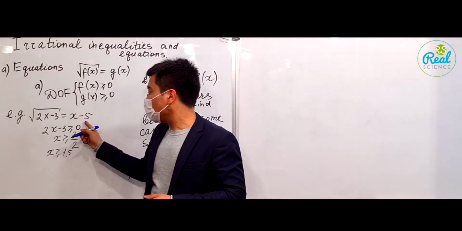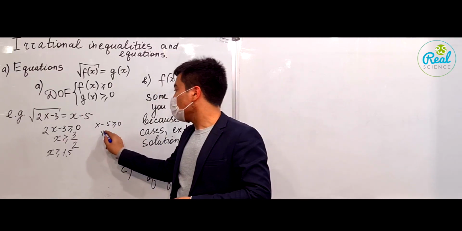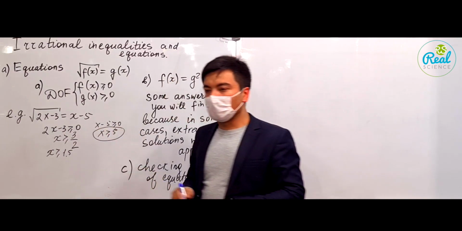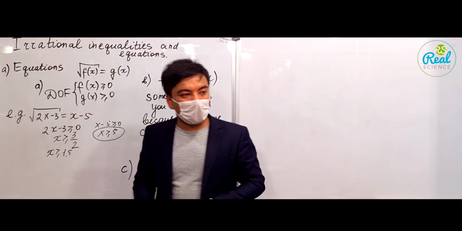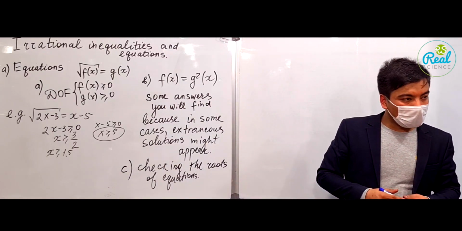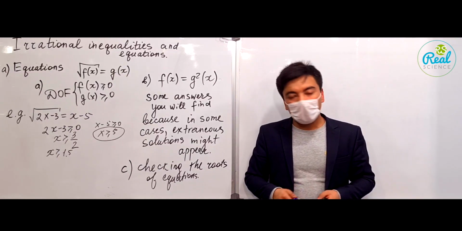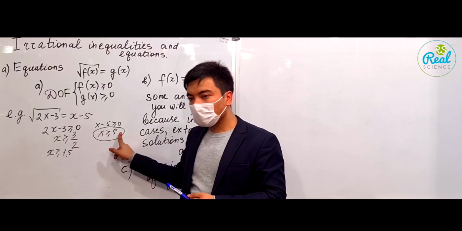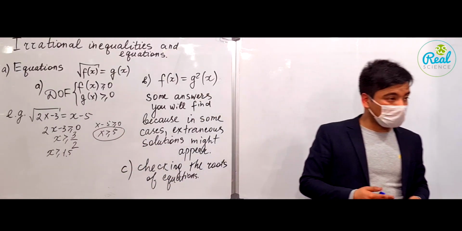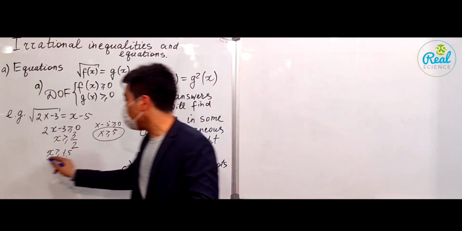And what about the second part, students? x minus 5 also must be greater than or equal to 0. x must be greater than or equal to 5. The common response is x must be greater than or equal to 5. Yeah? And when you solve the equation, your answer must be inside of this interval. Am I right? Yes?